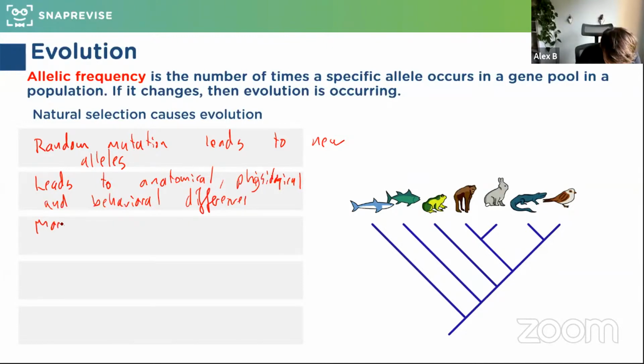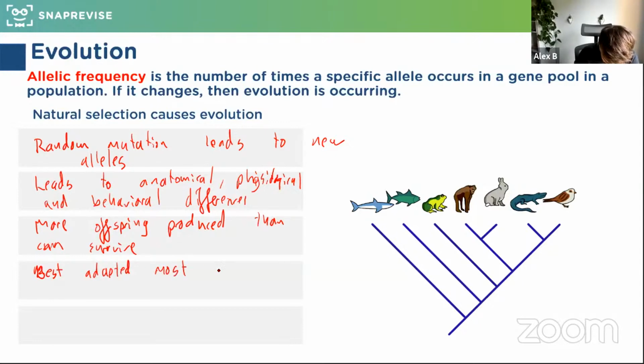So more offspring produced than can survive. Best adapted, most likely to survive and reproduce.